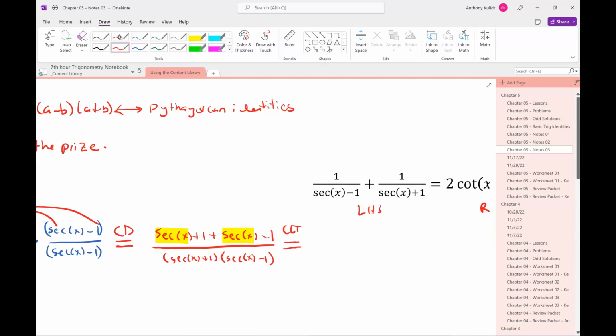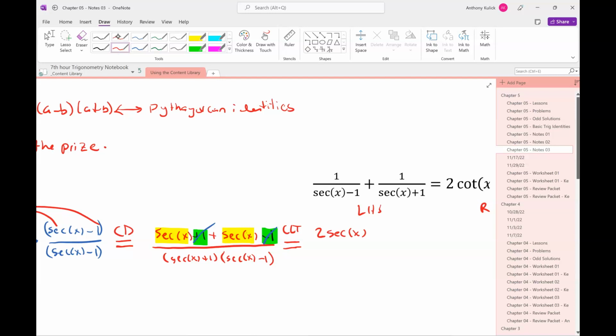What's x plus x? So what's secant x plus secant x? 2 secant x. There you go. Do you like how I keep bringing it back to the same rules you already know? I'm trying very hard to just connect it to stuff you're already good at. And then I have 1 and negative 1. Those just cancel out, right? Everybody's cool?